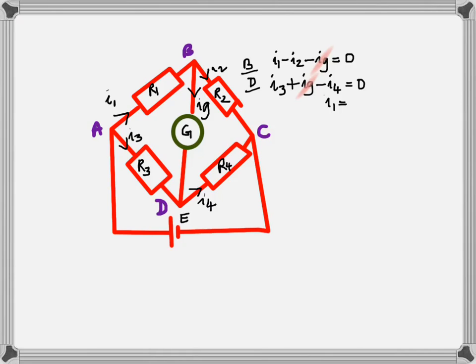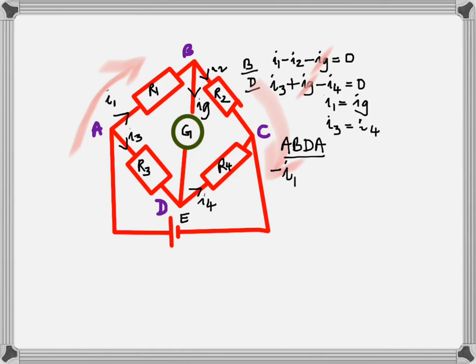Do the same at junction D. I3 is coming in. What about Ig? Coming in, and I4 out. Therefore, I3 plus Ig minus I4 is equal to 0. So then I can cross out the Igs, and I would get I1 is equal to Ig and I3 is equal to I4?